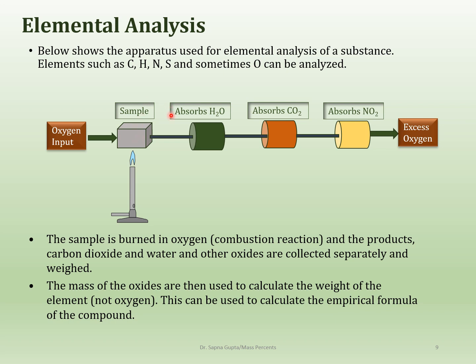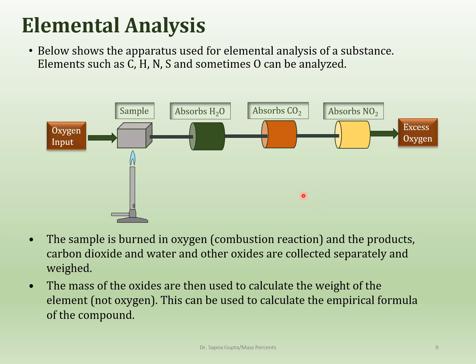So if you have hydrogen, it will combine with oxygen to give water. If you have carbon, it will combine with oxygen to give carbon dioxide, and so on and so forth. And then you have all these different components in there which will absorb all these different gases, and then you have to do back calculations. So it's a lot of calculations that you have to do in order to figure out the empirical formula.